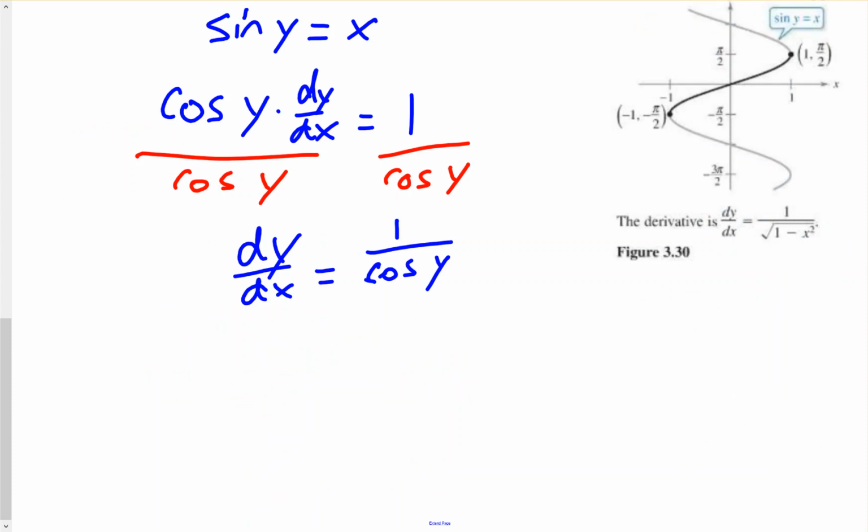Okay, and then the largest interval about the origin for which y is a differentiable function of x is, well, we note that if you're looking at the graph, for it to be the largest interval, notice when we get to these edges, we get the derivative to be undefined.